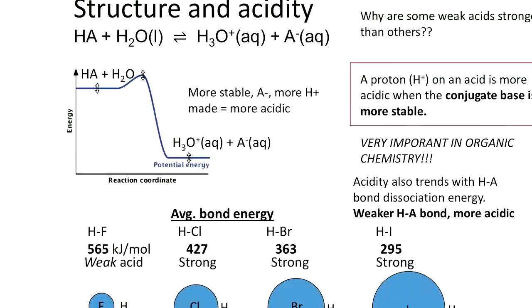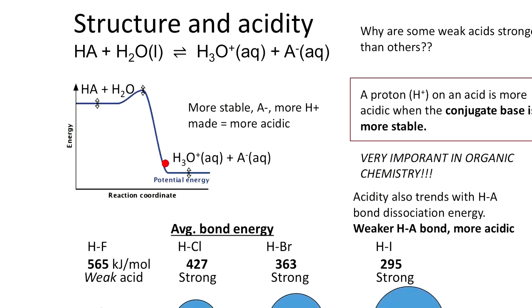If this was back in chapter 5, and I asked you, what is more present at equilibrium? Products or reactants? Products, right? Because it's the low energy point. That's where everything starts to accumulate. So if A minus is highly present at equilibrium, A minus is the conjugate base, but it makes HA a very strong acid because this reaction ionizes, it moves in the forward direction a lot.